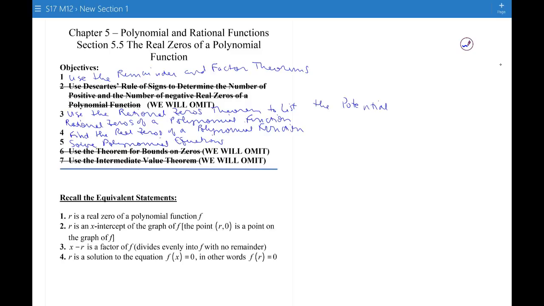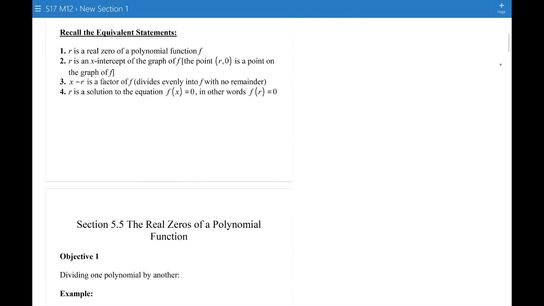Okay, and then again, the theorem for bounds on zeros and the intermediate value theorem. You learned the intermediate value theorem in calculus, so I know you'll see it there. And I don't find the theorem for bounds on zeros that useful. So I'm not going to take the time to go over them, but you can read about them in the book if you like.